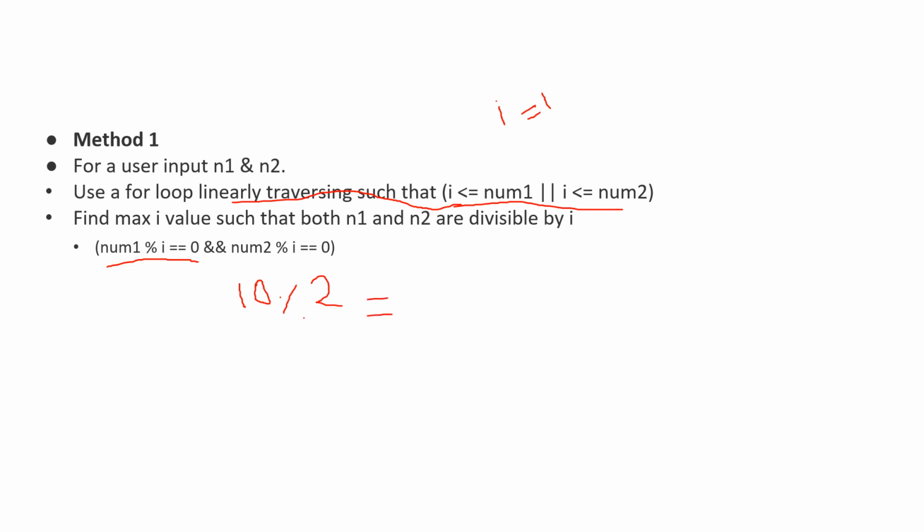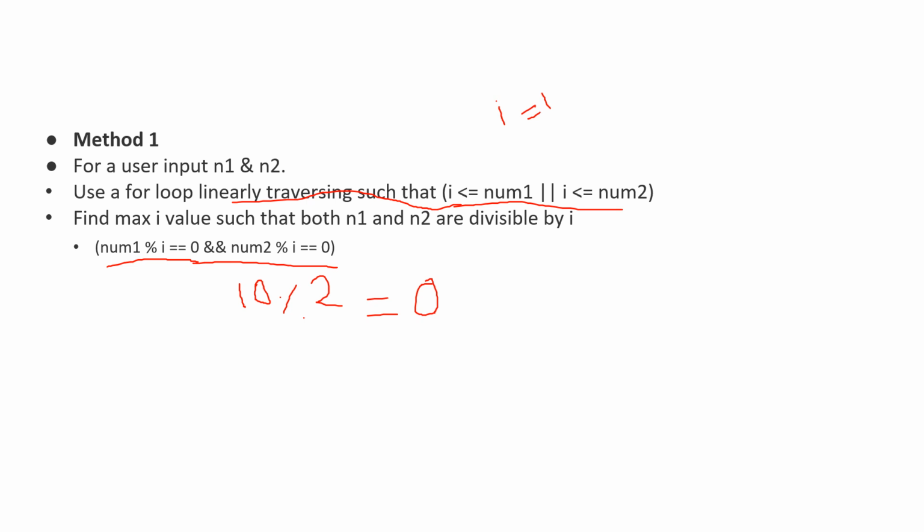If that is true and num2 percentage i, that is 20 percentage 2, is equal to 0, then 2 is divisible by both numbers, so it is one common factor. If so, we store this number in the GCD variable, as we will explain in the program.